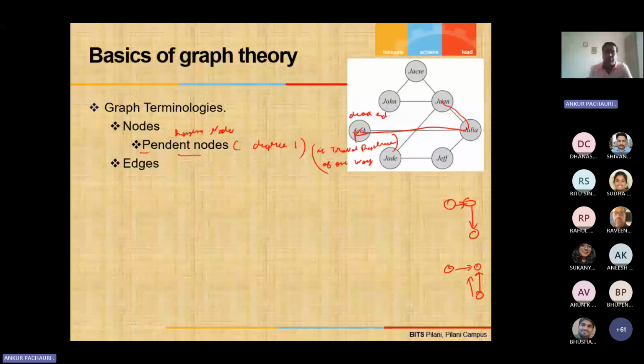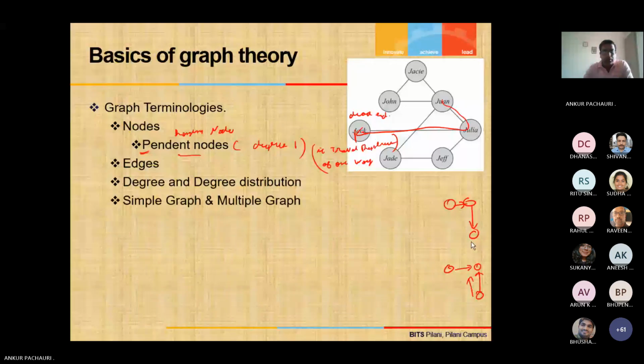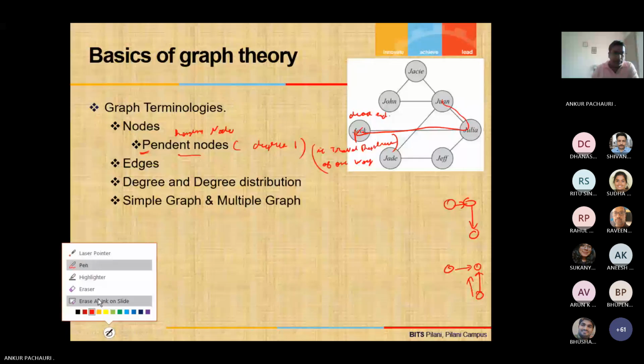So that's why those nodes with degree 1 are problematic, or we can say those nodes create a problem for us. Hanging nodes or pendant nodes are nodes with degree 1, so either in-degree 1 or out-degree 1 or total degree 1, whatever it be.